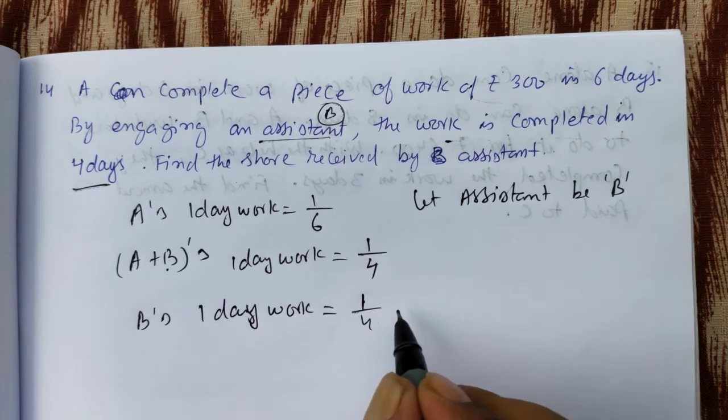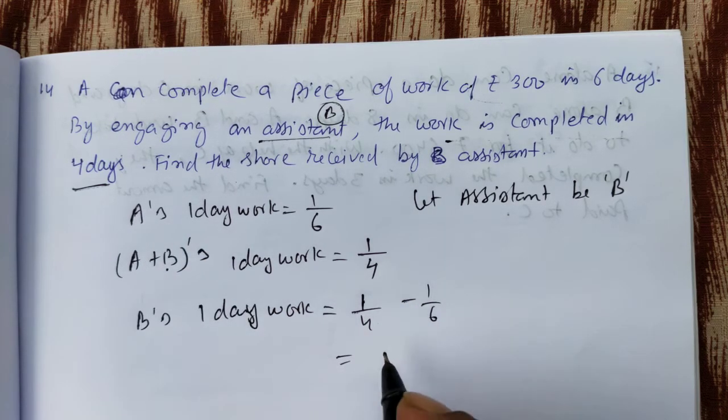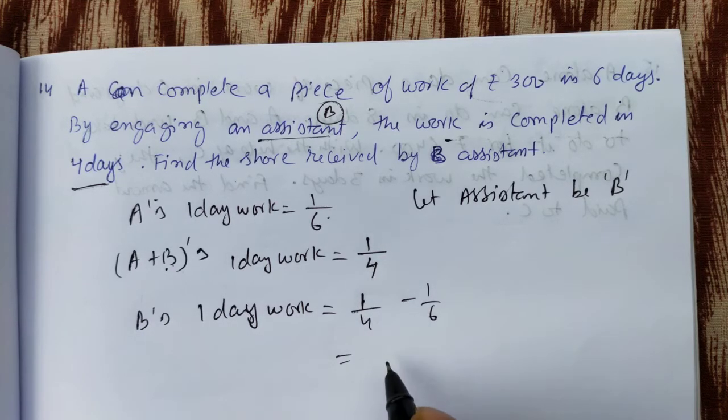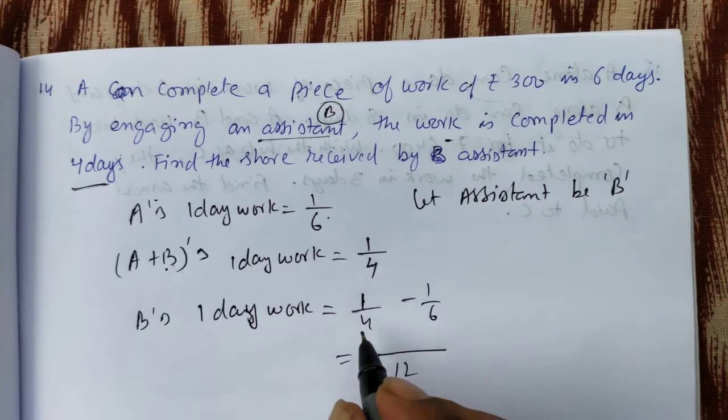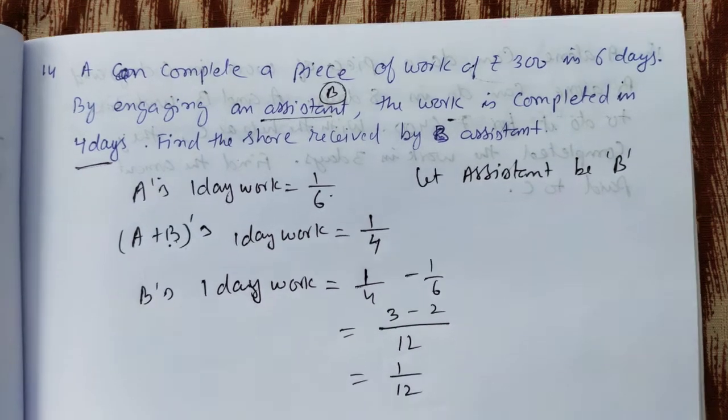That means 1 by 4 minus 1 by 6. If we subtract these two, we get B. LCM is 12, or 3 times, 2 times. We are getting 1 by 12.